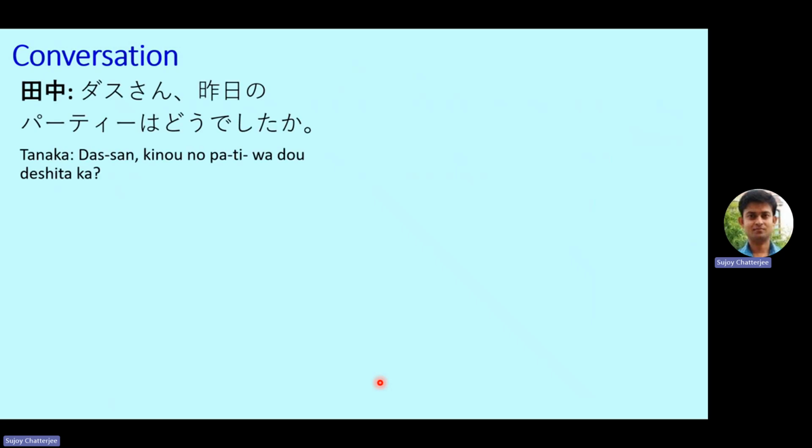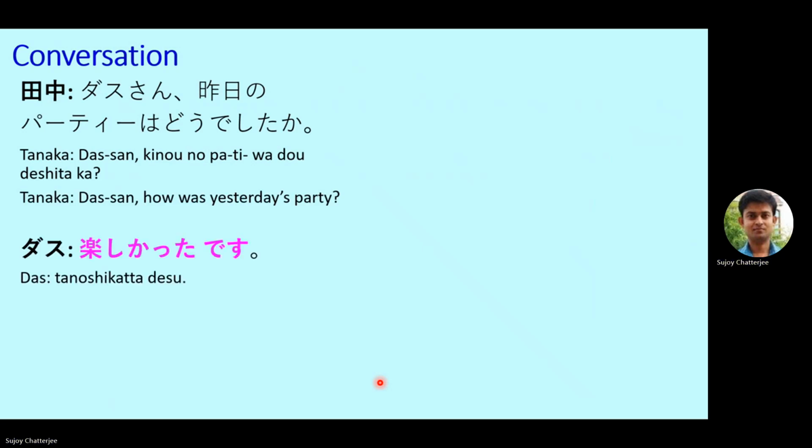So let's see. This is a conversation between Tanaka-san, who is Japanese, and Das-san, who is Indian. Tanaka-san says, Das-san, kino no party wa do deshita ka? Kino no party means yesterday's party. So Mr. Das, how was yesterday's party?